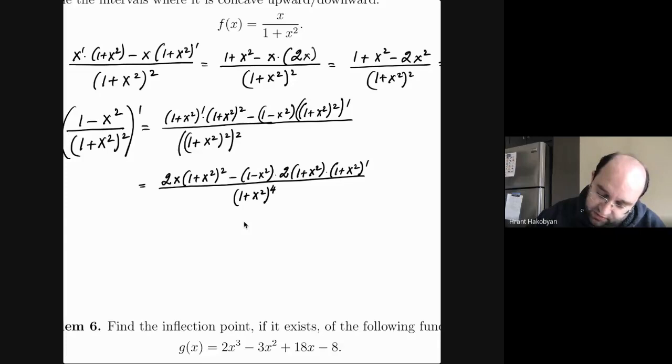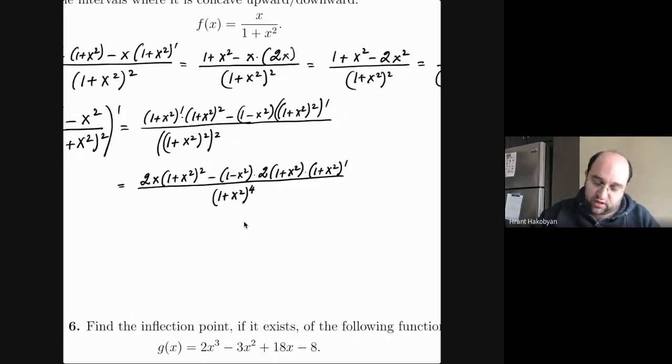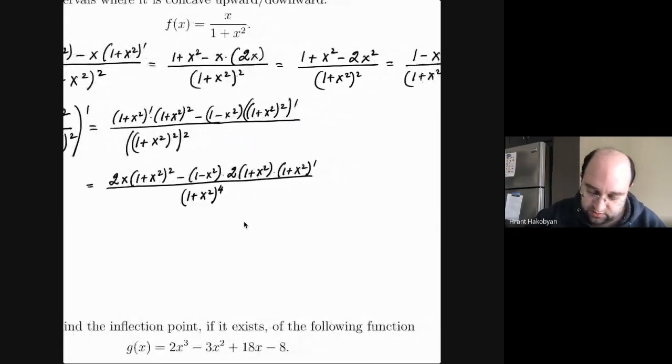So let's simplify the numerator because we have to figure out where this expression is positive or negative.